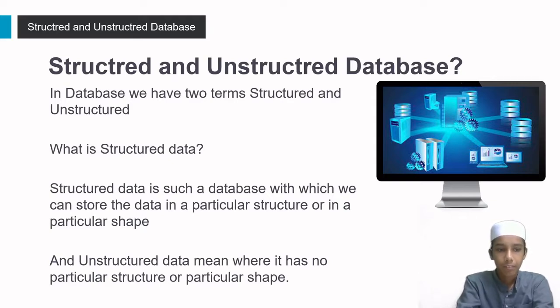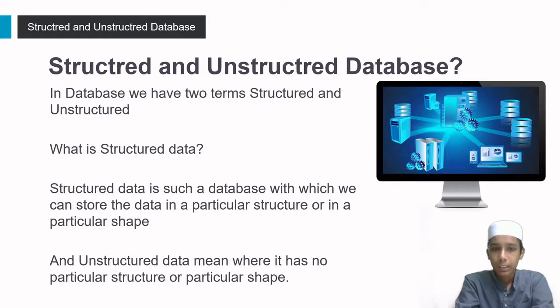For example, let's say the data of a university is structured. Why is it structured? Because it has a particular structure. And which structure does it have? The most important structure which is used for structured database is RDBMS, which is Relational Database Management System.